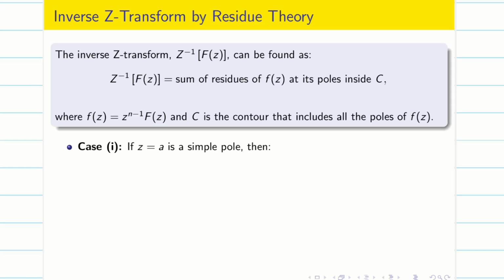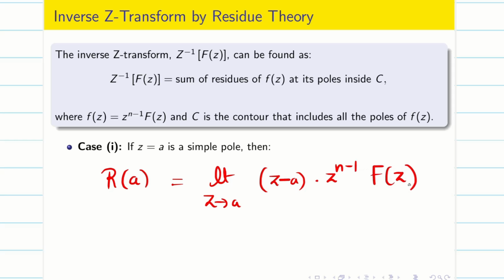Now, if z equal to a is a simple pole, how do we find the residue? The formula for the residue at the point z equal to a is simply limit z tends to a of z minus a into z power n minus 1 into capital F of z.